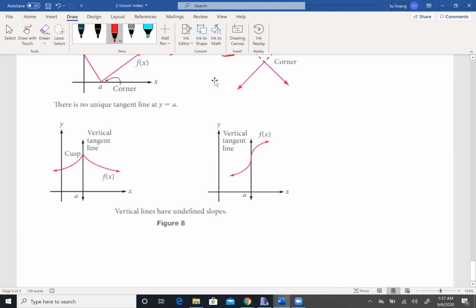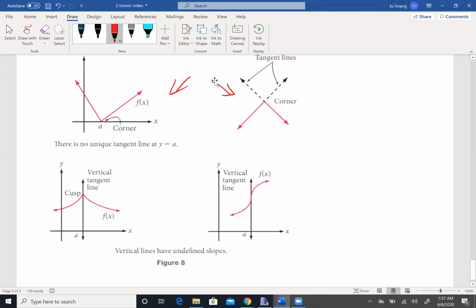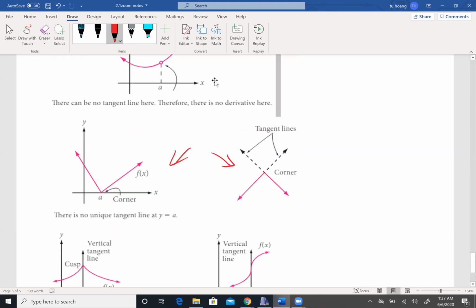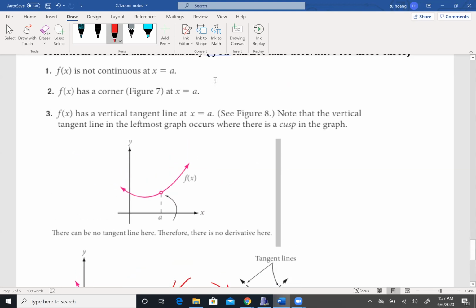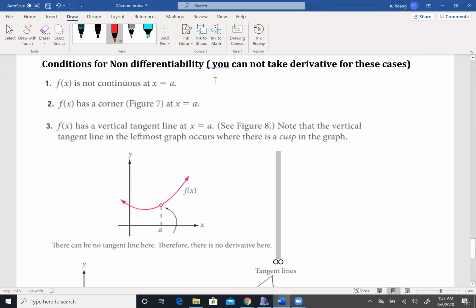If the graph has a curve like this, then you cannot take a derivative at that point, because you have a vertical tangent line, so the derivative does not exist in this case. So these three cases cannot give you a derivative at the specific value of x.